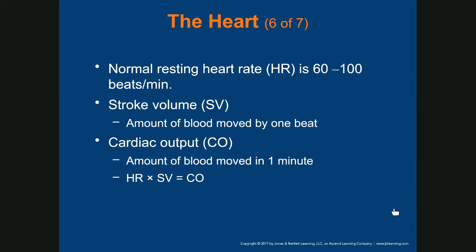And that would be considered normal for that person because they are athletic. Now, if the heart has less room to stretch, you will get a weaker contraction. If the contraction is weak, the heart rate will increase. So I'll get a faster heart rate, but the contraction is weaker, right?